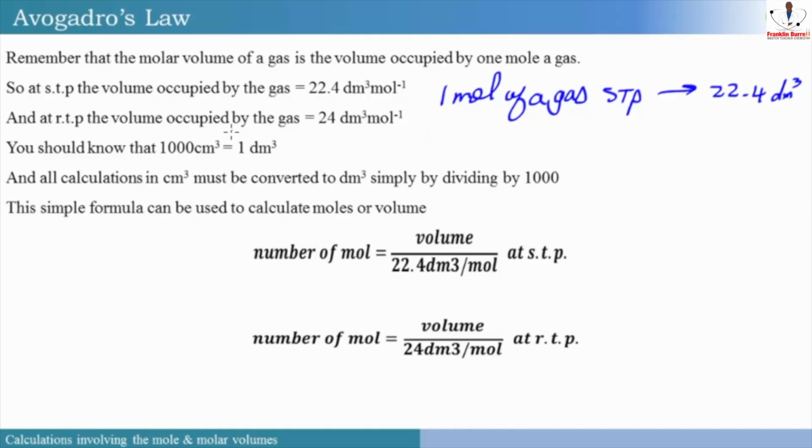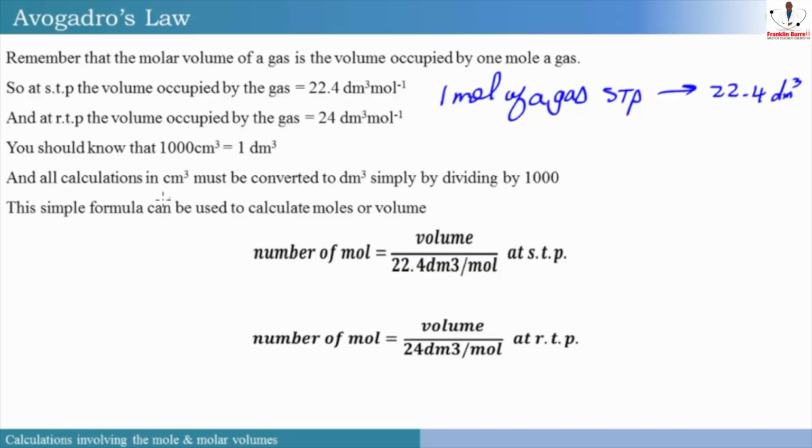Now, we know that 1000 cm cube is equal to 1 dm cube. And so, when doing mole concept calculations involving volumes, we will get our volumes most times in centimeter cube.